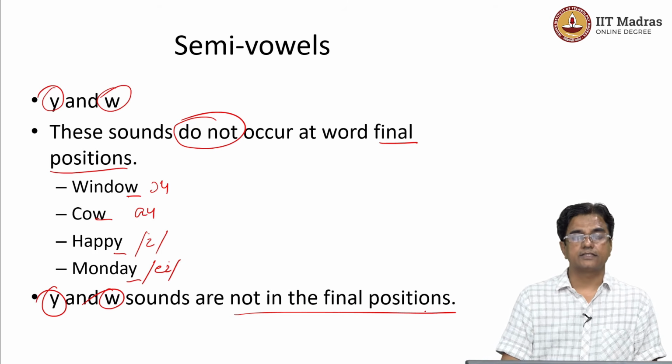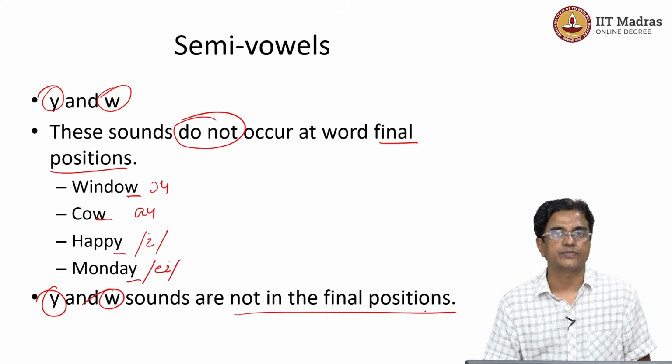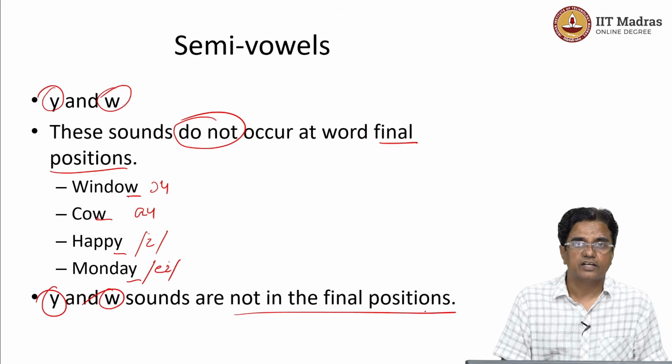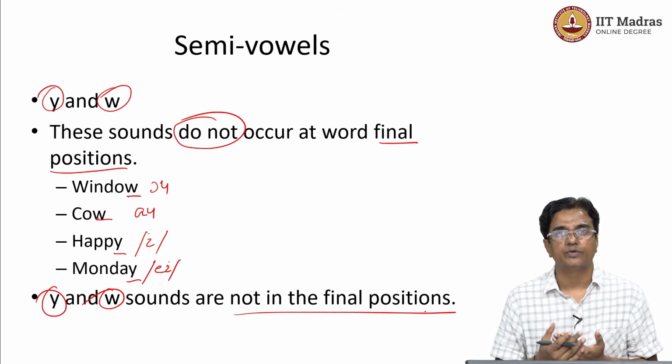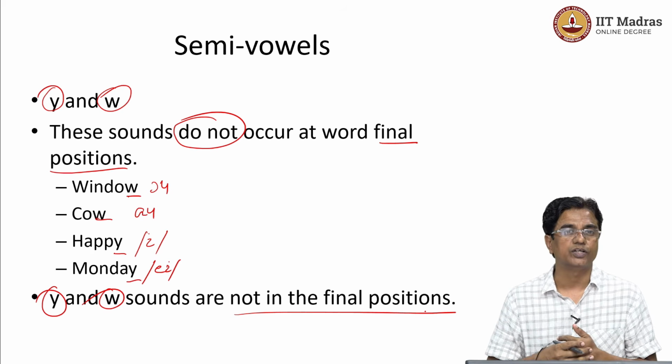So this is the introduction of semi-vowels. You know so many things about semi-vowels now. You know what those sounds are. You know the distinction between sound and spelling. You know that they do not occur in the final position of a word.